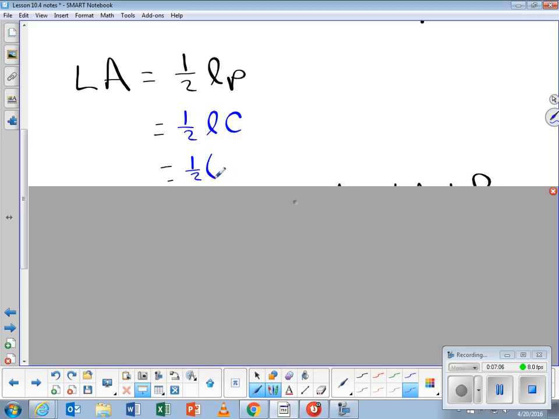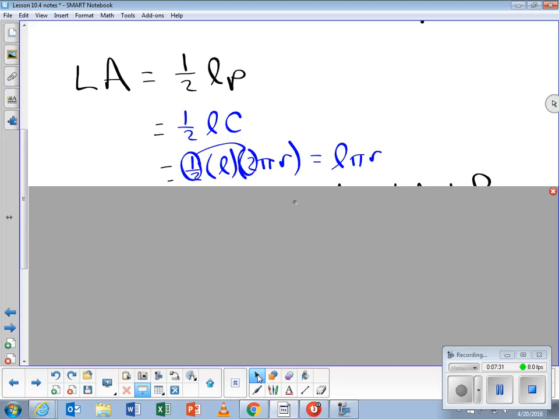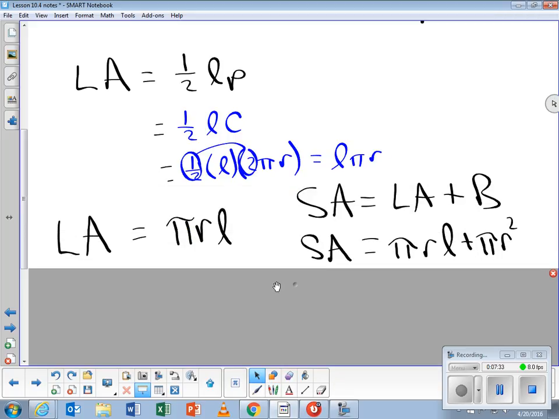So 1/2 times L times 2 pi r. What happens to my 1/2 times 2? Yeah, they cancel each other, right? And they reduce to 1. And so we end up with L pi r, and we actually put the pi first and call it pi RL.